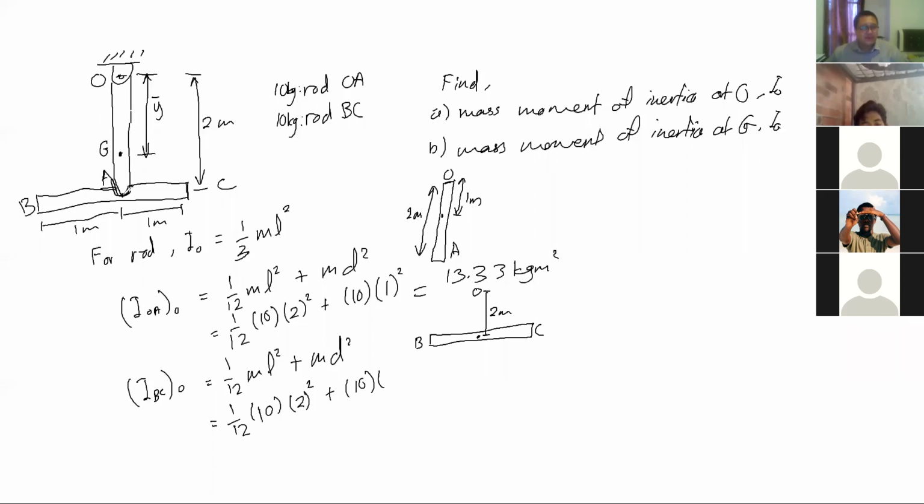The center for rod BC is here, at the center. So it is 2 meter from point O. So here should be 2. And if you resolve that one, you get 43.3 kg meter squared.